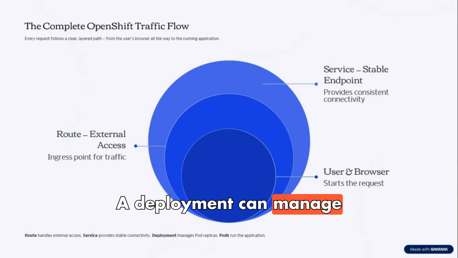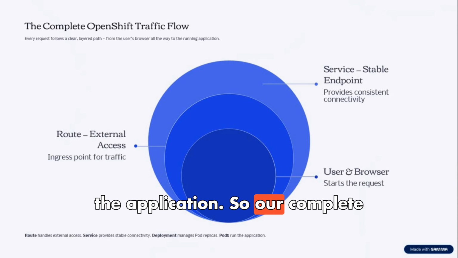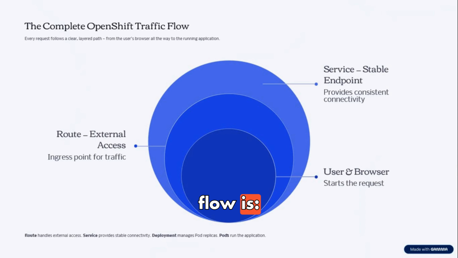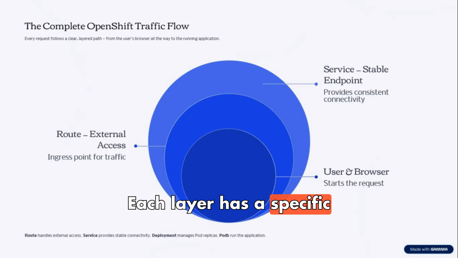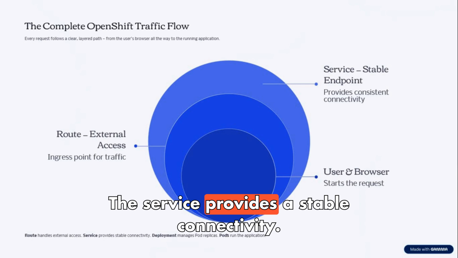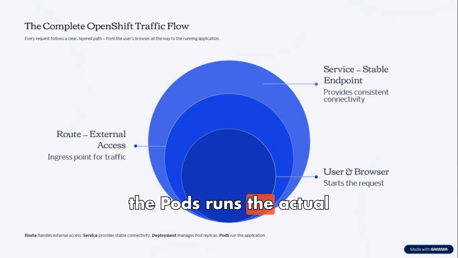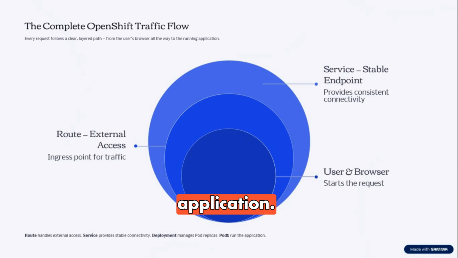Our deployment can manage those pod replicas, while the pod actually runs the application. So in our complete flow, each layer has a specific responsibility. The route handles external access. The service provides stable connectivity. The deployment manages the pod replicas, and the pod runs the actual application.